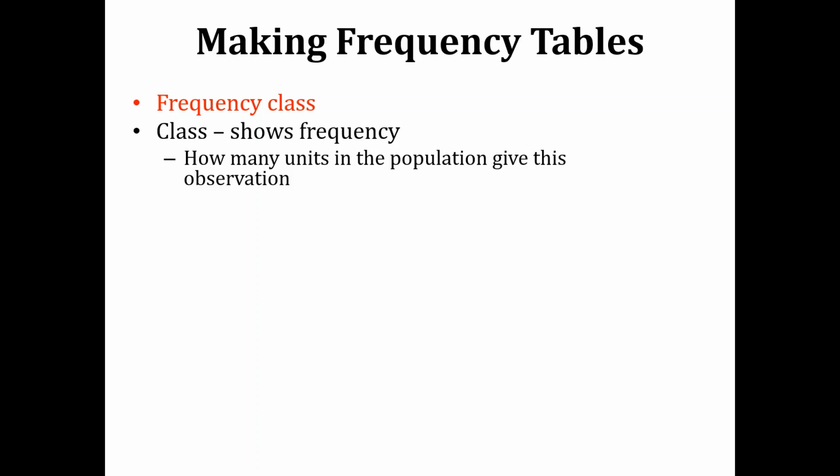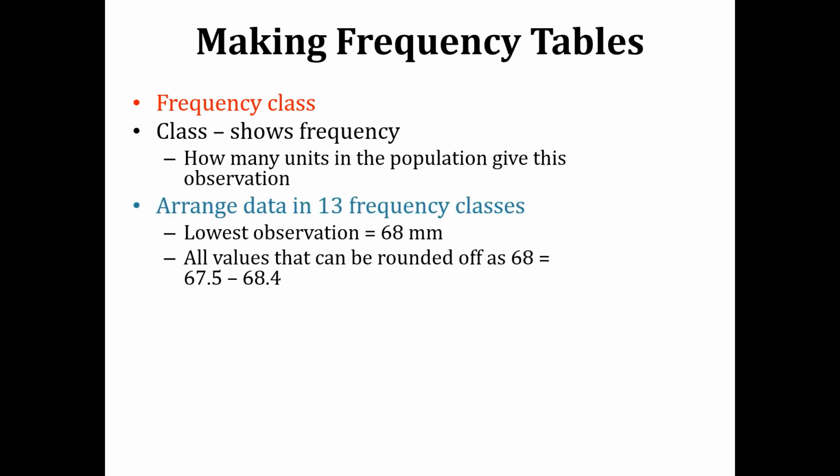This is the purpose of making the frequency table, and this is what is meant by a frequency class. Now we have to arrange the data in 13 frequency classes.